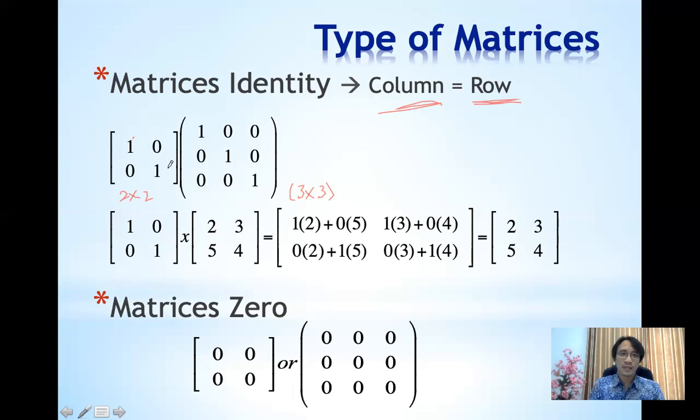If you see it, the diagonal must be filled with 1 as the value. This is called the identity matrix.